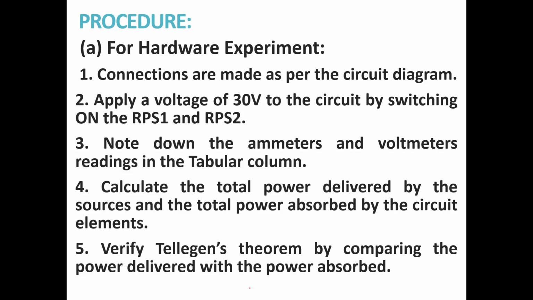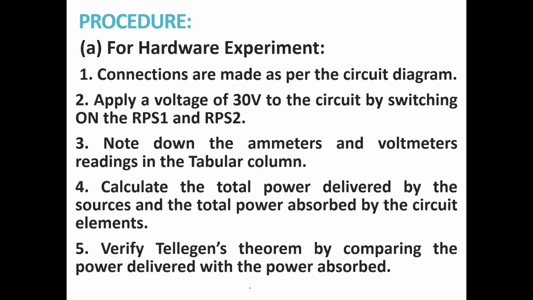So this is the procedure for Tellegen's theorem, to verify Tellegen's theorem for two networks of the same topology. We have taken two T networks and connected them. We have connected voltmeters across the elements and ammeters in series with the elements.